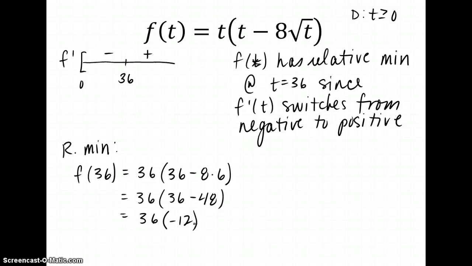What would that be? 360 plus 72, negative 432. So if we think about graphing, this would be a nightmare because look at how small that value is. So we won't be graphing every single function.